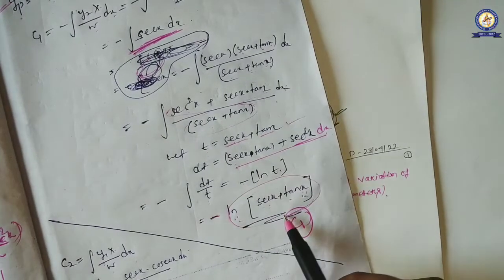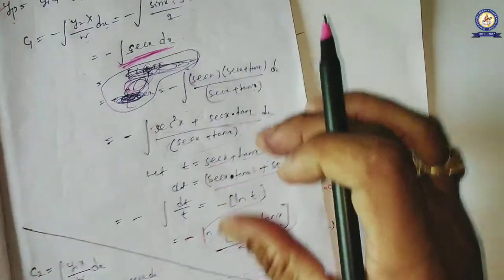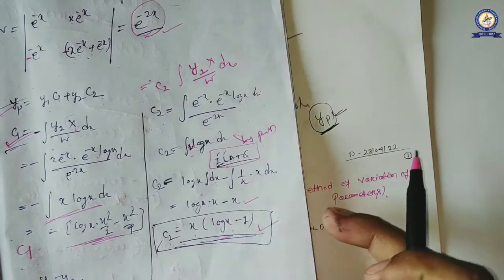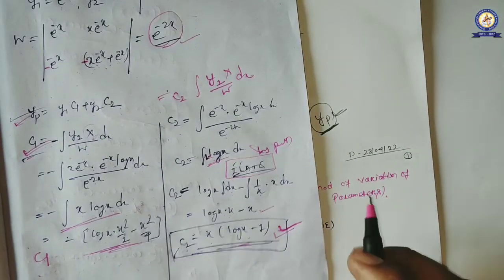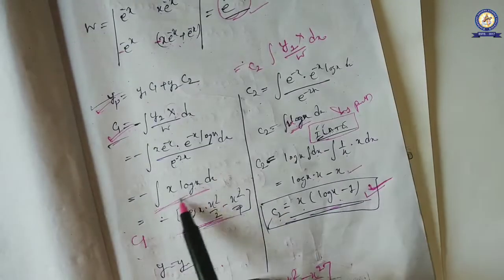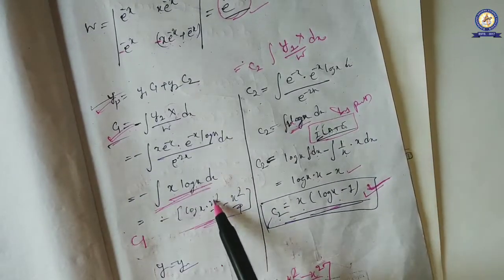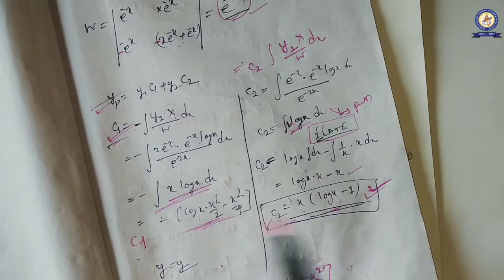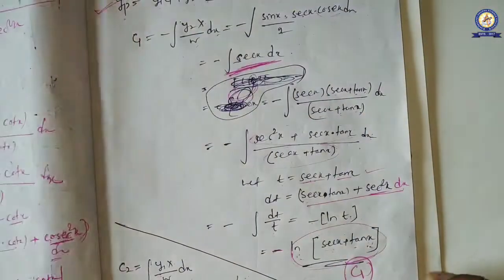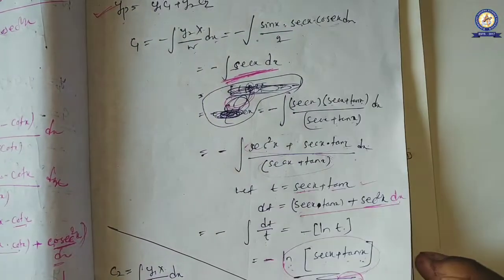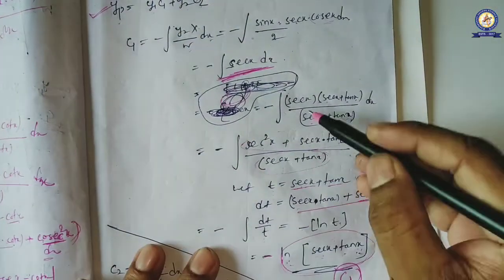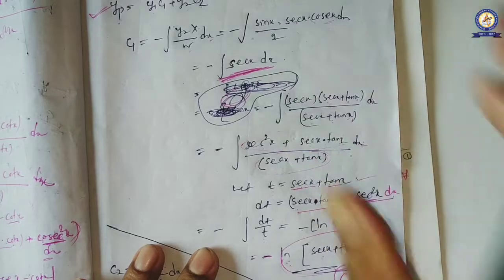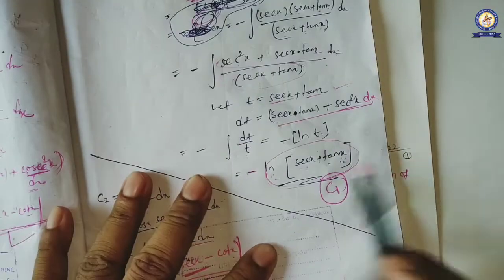It will be easy for you, reducing the steps. Likewise, remember the log x integration, and the x log x integration, which is log x into x square by 2 minus x square by 4. These will be useful in your semester exam. So no need to derive these integrations; you can directly write the integration.